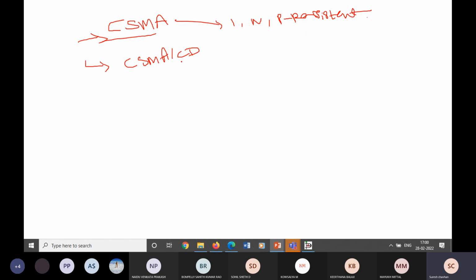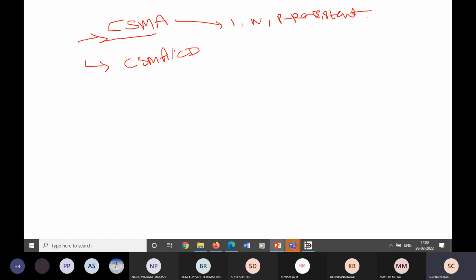So the basic idea behind CSMA CD is that a station needs to be able to receive while transmitting to detect a collision. Right? And when there is no collision, the station will receive only one signal, that we call its own signal.